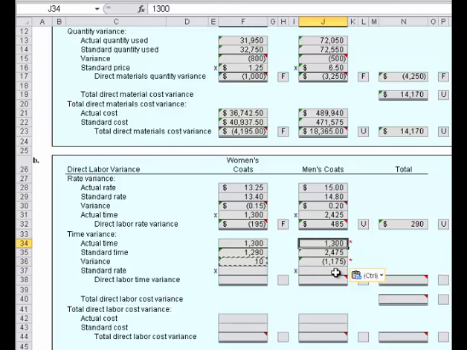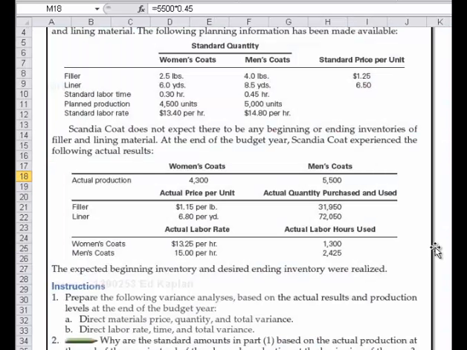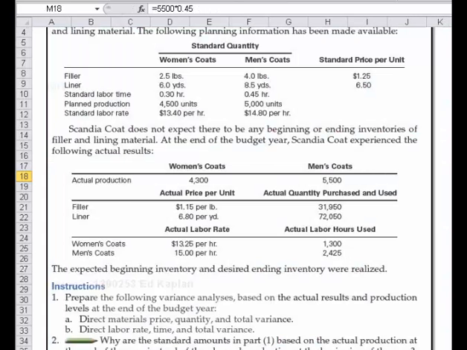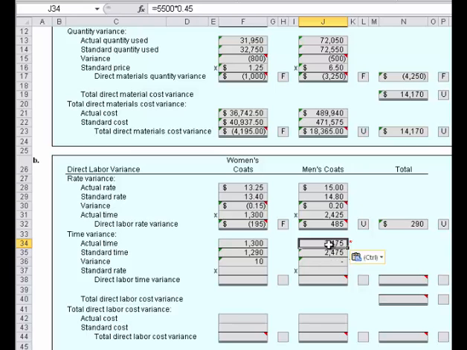Oh, I'm sorry, I got an error here. Let me jump back. I need to copy this formula, 5,500 times 0.45. I copied the wrong one here. Let me jot it in here. There we go. 2475, which is 5,500 times 0.45 hours per coat.